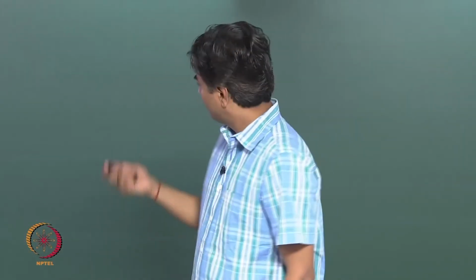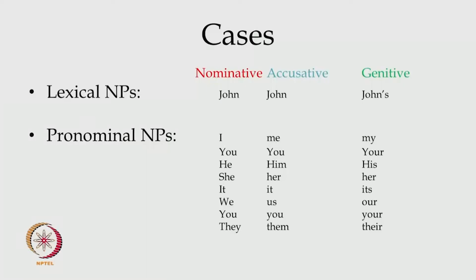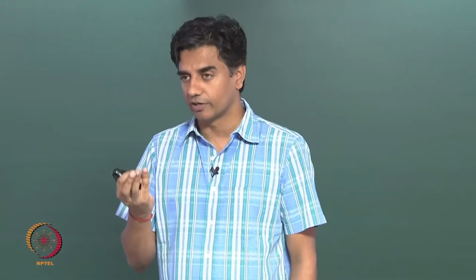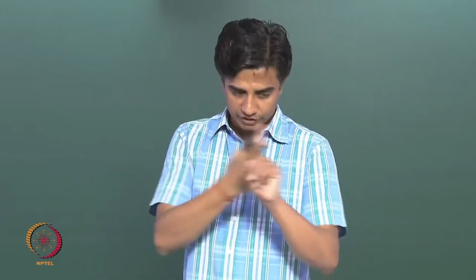But when we have sentences like John likes Mary, what's the evidence that John has nominative case and Mary has accusative case, other than the fact that someone is telling you so, right? Other than the fact that we know that one is in the subject position and the other is in the object position. How do we know?